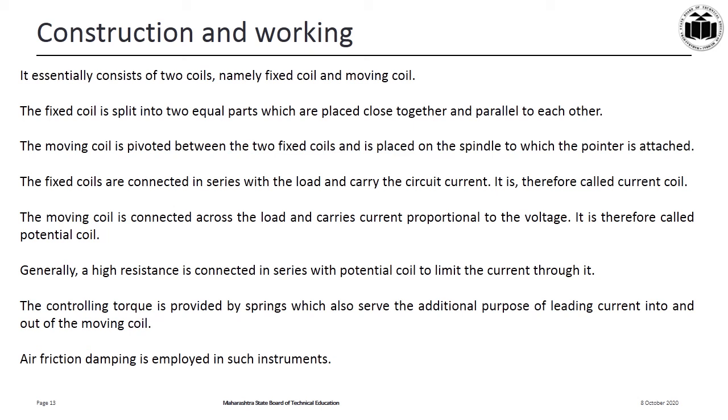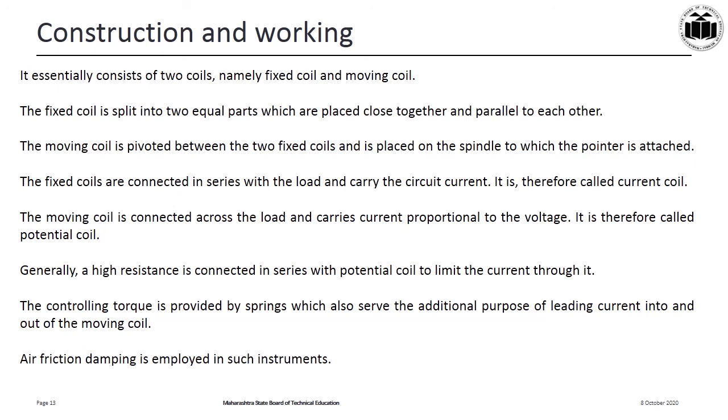The pressure coil is connected across the load and carries a current proportional to the voltage across the load. To limit the current through the pressure coil, generally a high value resistance is connected in series with it. Due to the interaction between the fixed coil flux and the moving coil flux, the moving system will experience a deflection torque, which will move the spindle to which the pointer is attached, and we will note down the reading on the scale.